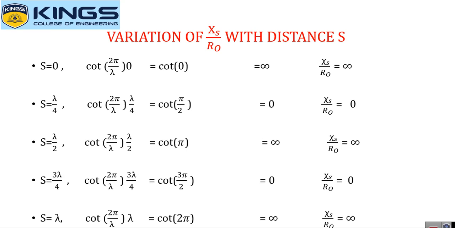Again for the distance s equal to 3λ by 4, if you multiply here, the final value is cot of 3π by 2, which is equal to 0, so X of s by R0 equal to 0. Then for s equal to λ, cot 2π by λ into λ, the λ cancels, so cot 2π is infinity. So the ratio X of s by R0 is also infinity.